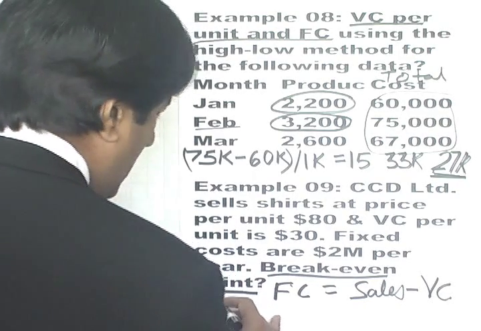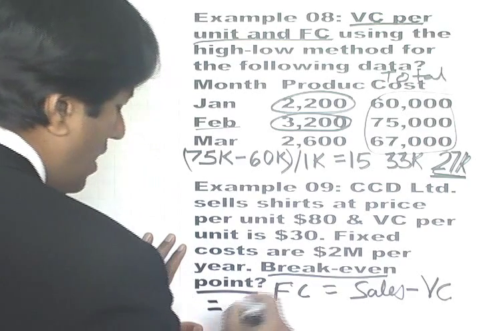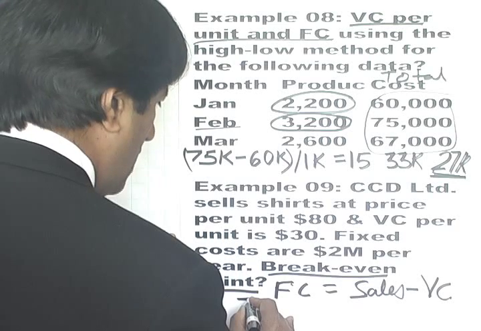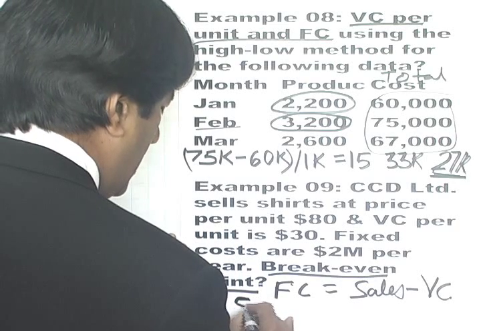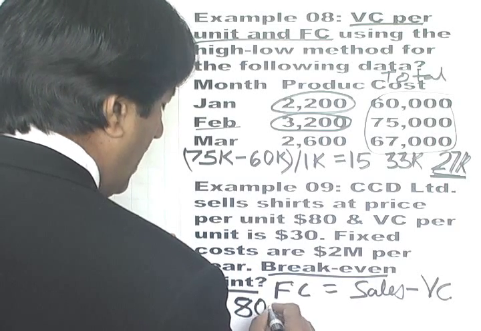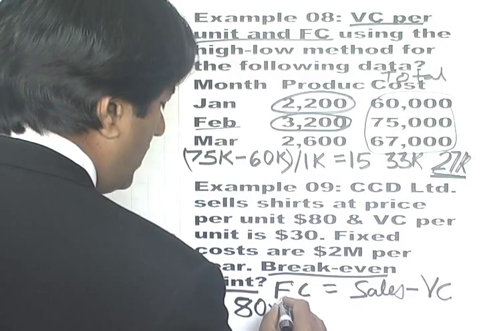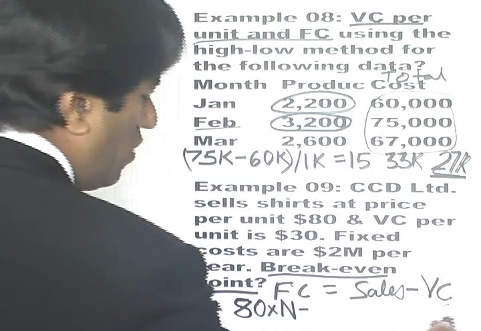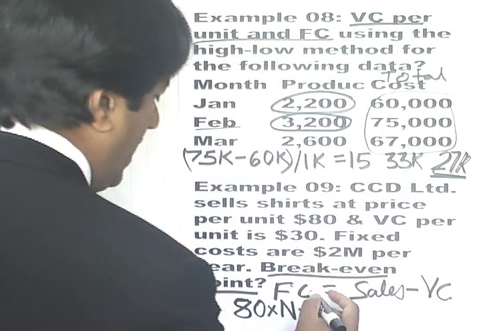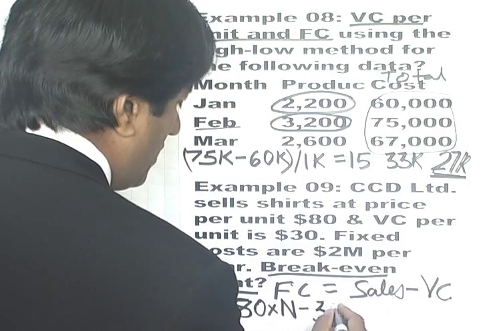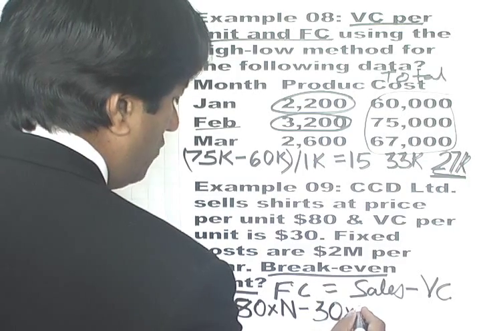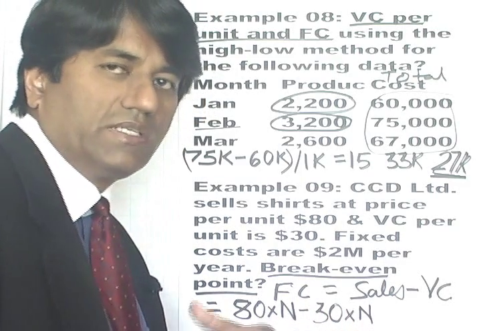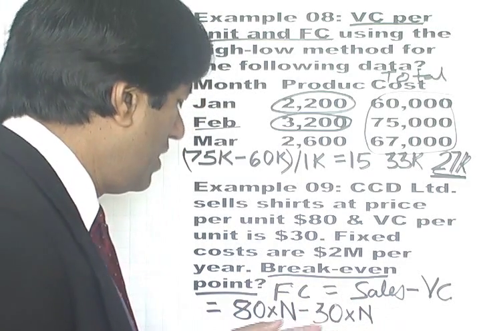Well, sales equal price per unit P, which is 80, into the number of units sold, so let's call that N, minus total variable cost, which is variable cost per unit, 30, multiplied by number of units sold, that is N.